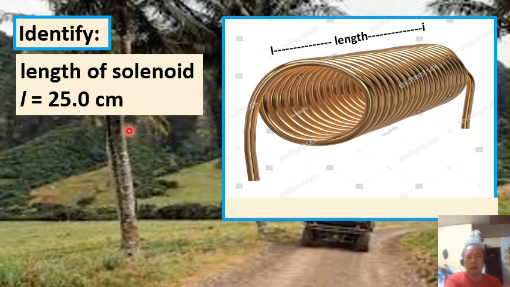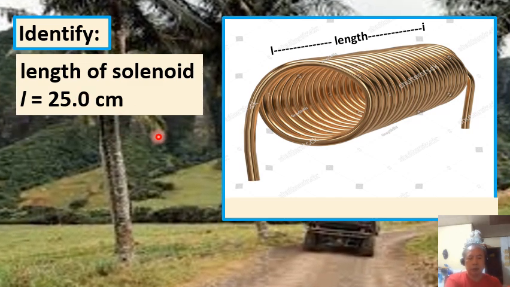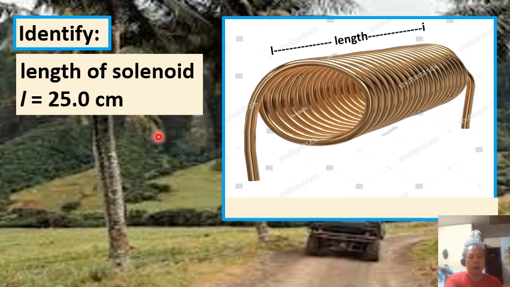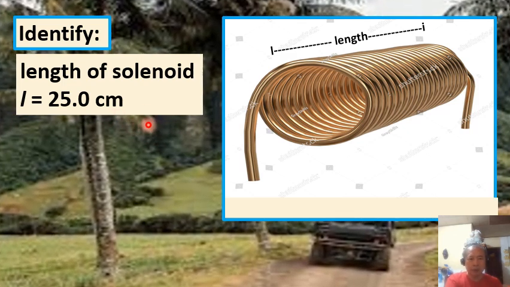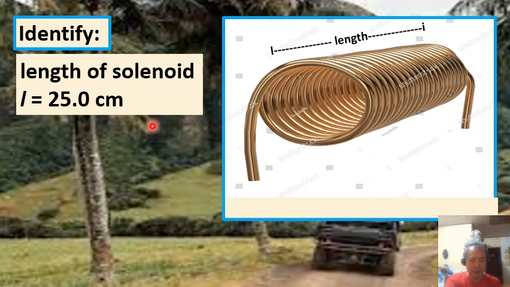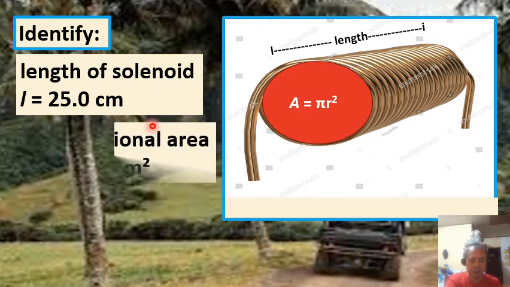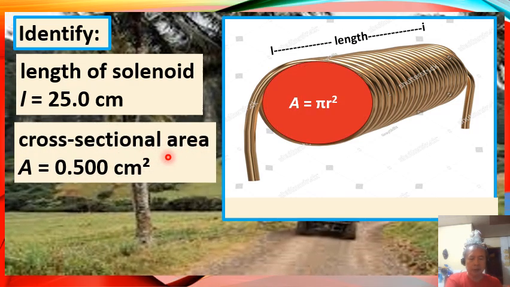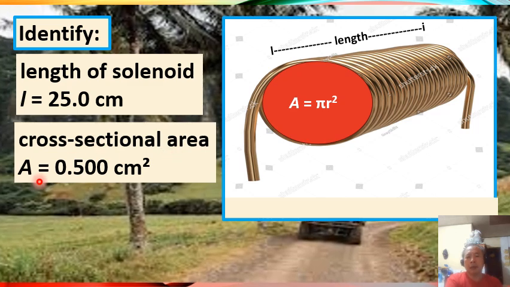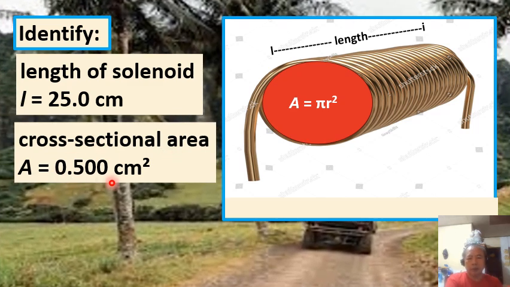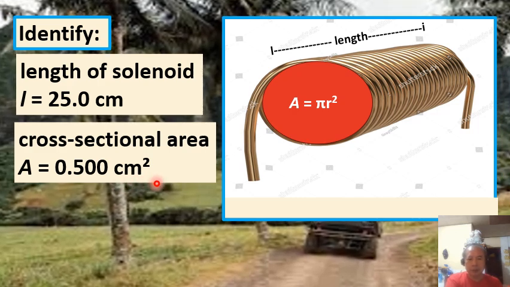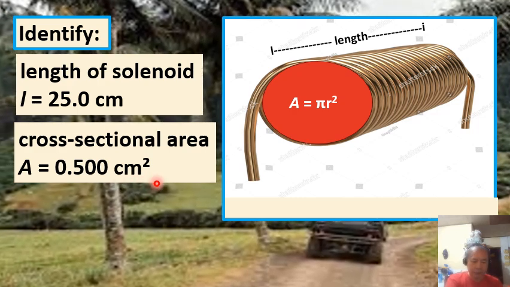Shown in our diagram, the solenoid has a length denoted by small letter L equals 25.0 centimeters. It has a cross-sectional area denoted by capital A equal to 0.500 centimeter squared.